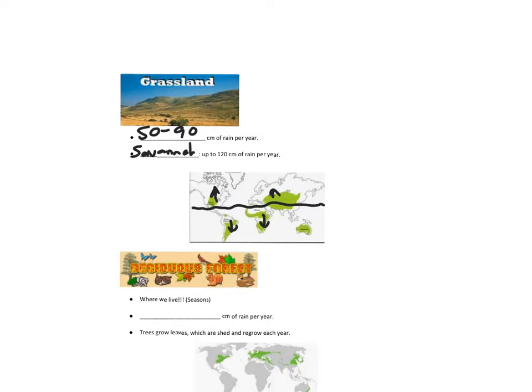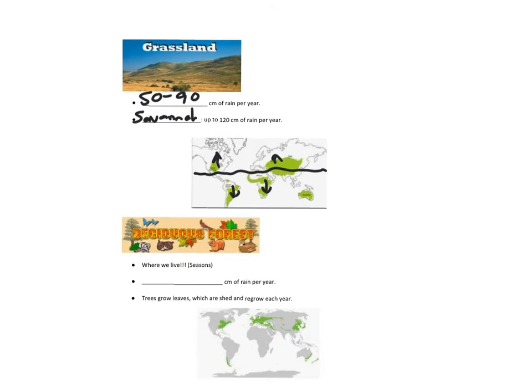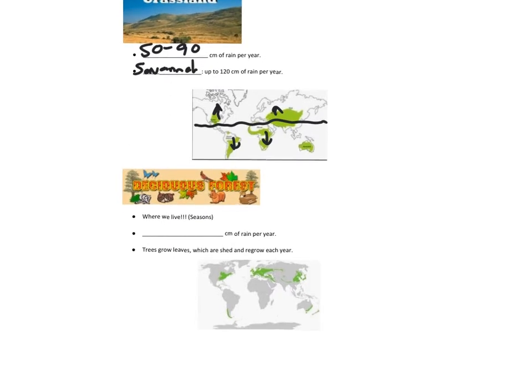Speaking of forests, we also have, a bit north or south of grasslands, deciduous forests. We live in a deciduous forest biome, and we end up with seasons. These seasons exist because of the location of the Earth as it goes around the sun, and the fact that the Earth is a bit tilted.